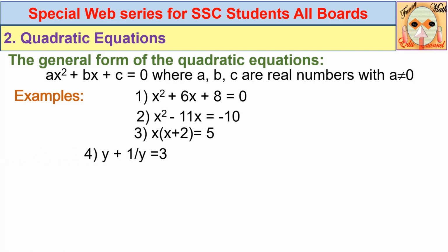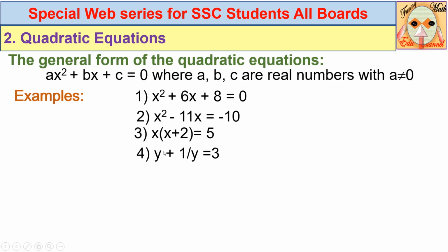Now fourth example, which is in the variable y. y plus 1 upon y equals 3. Now student, when you see there is a 1 upon y ratio form term, though we observe here there is no square term in the variable y, this is a quadratic equation because when you multiply throughout this equation by y, then this denominator y will be cancelled and the first term becomes y square.